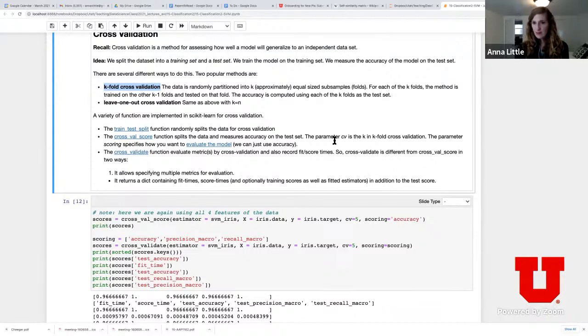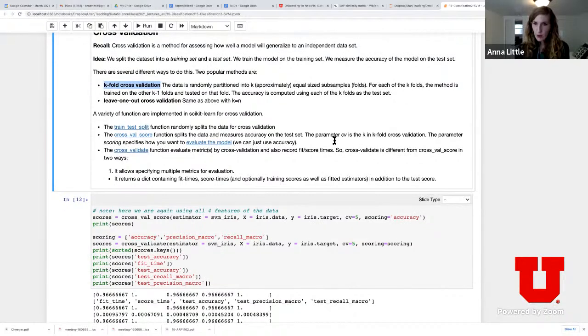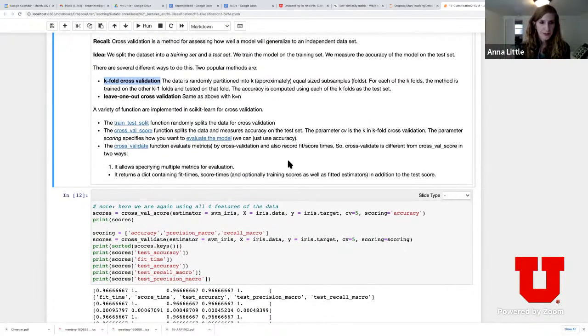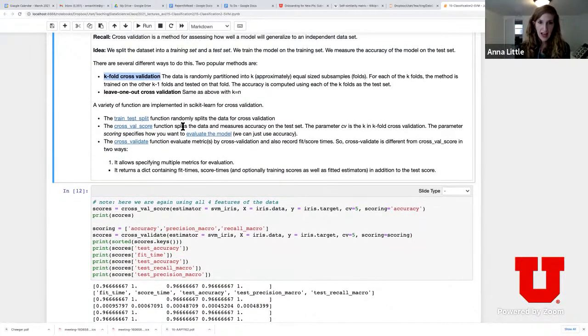You just tell it what you want to use, and it implements the cross-validation with k folds and reports the accuracy on all of the different test folds. And you can also tell it what metric you want to use, whether that's accuracy or the F-score or some other things.